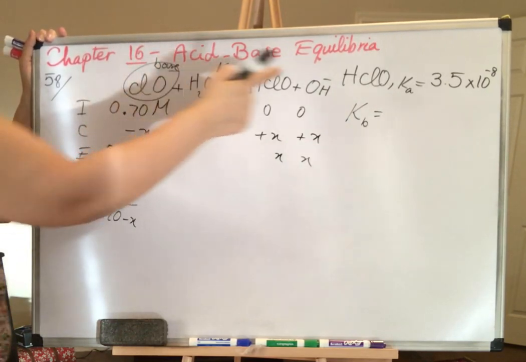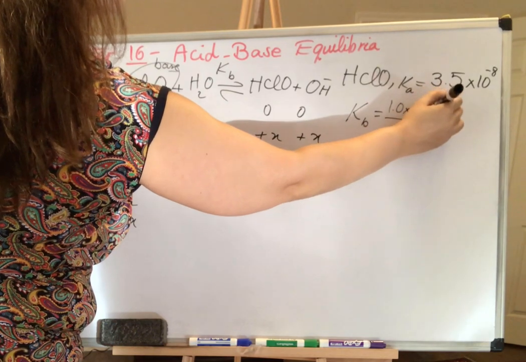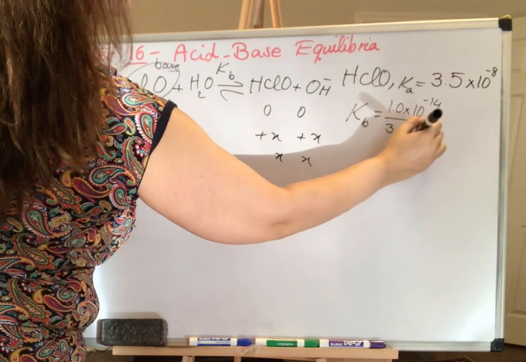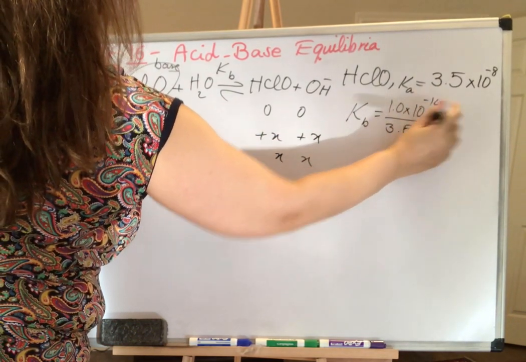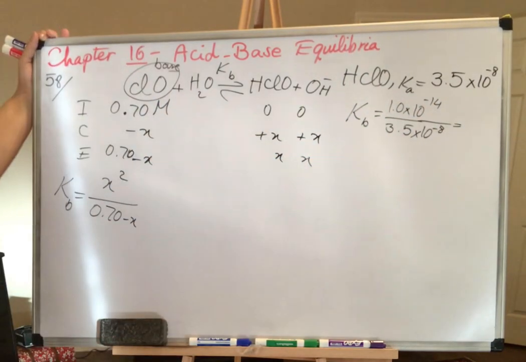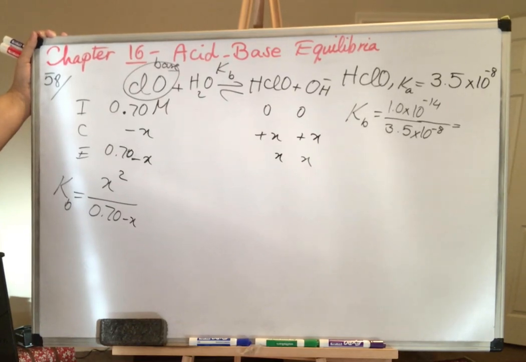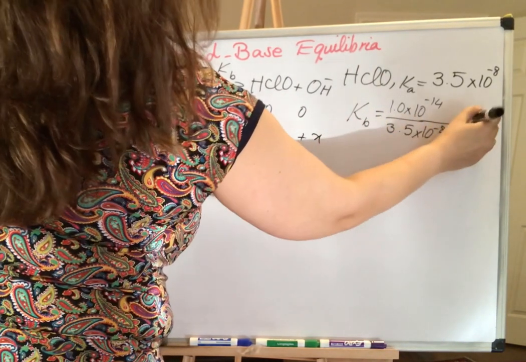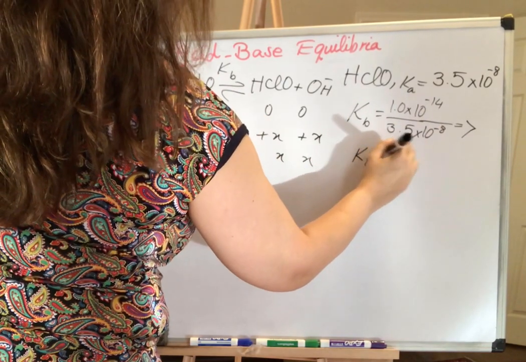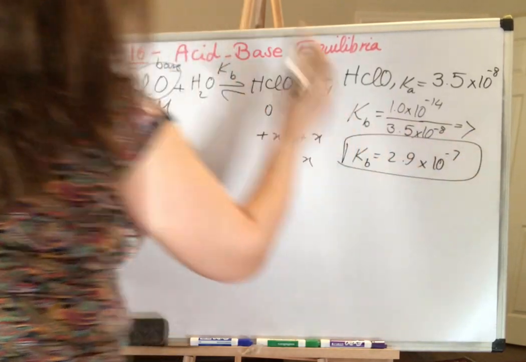You don't have Kb, so go ahead and find Kb from Ka. Then you will find Kb is 2.9 times 10 to negative 7.